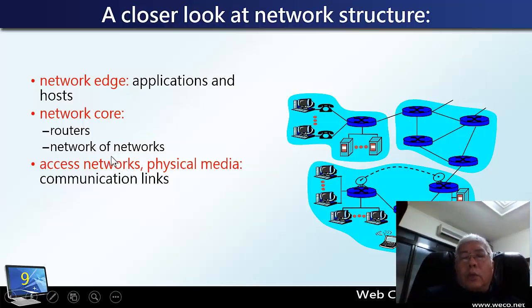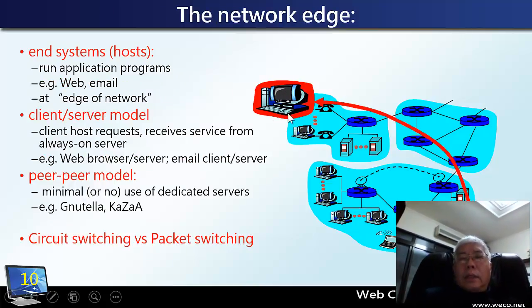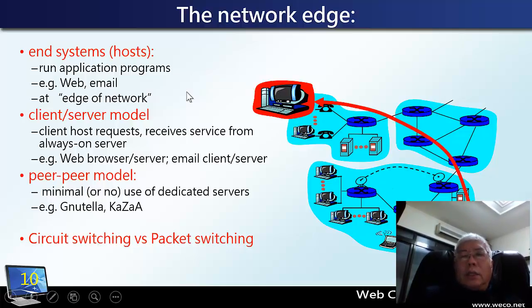Traditionally, you have wired connections, and right now we use more wireless connections. If we look at the end systems, as we mentioned, those hosts run application programs like web or email at the edge of the network.